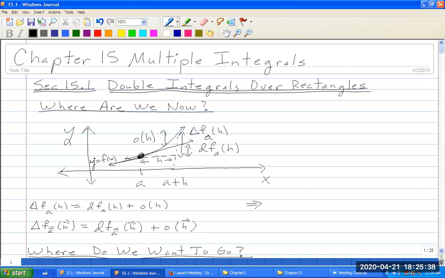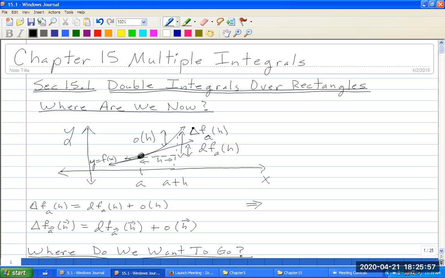Then the derivative is the best linear approximation to a function near some point.